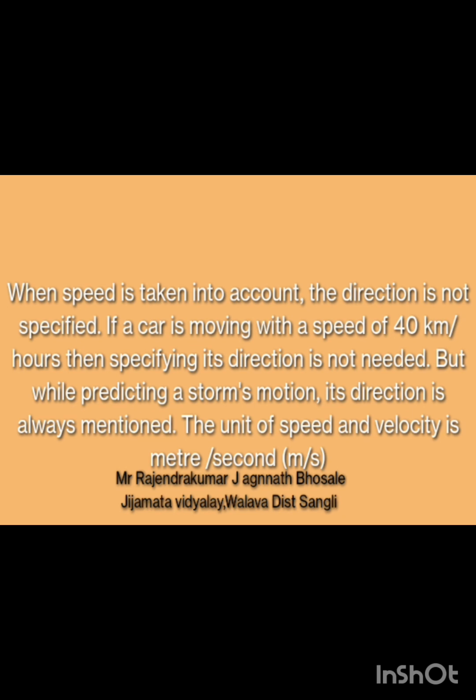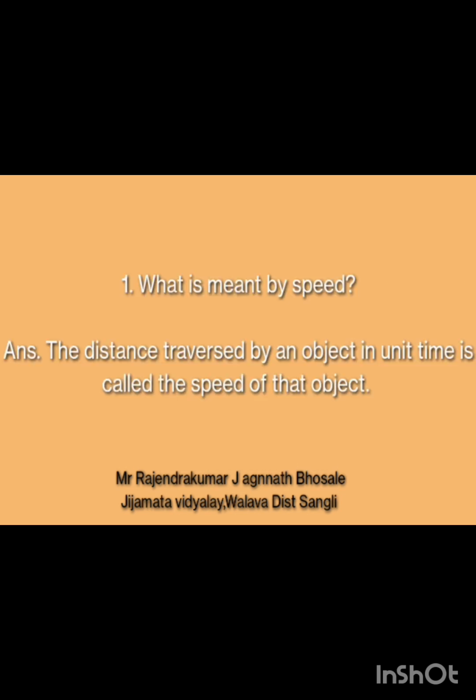This is the example; you will understand the meaning of it. What is speed? How do we account for speed, and how do we predict the motion of a storm? Its direction is always mentioned. What is meant by speed?